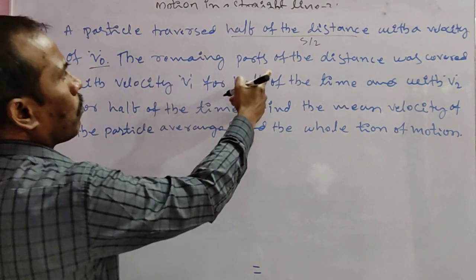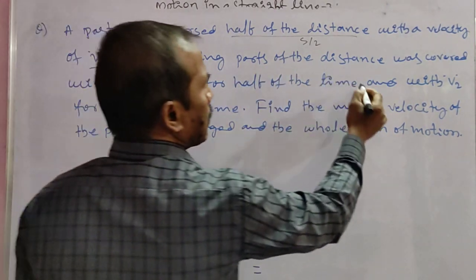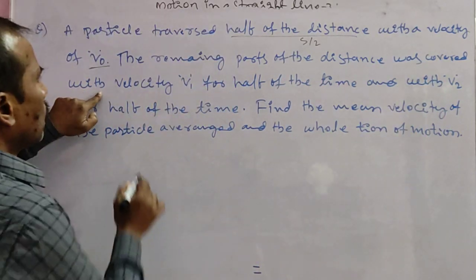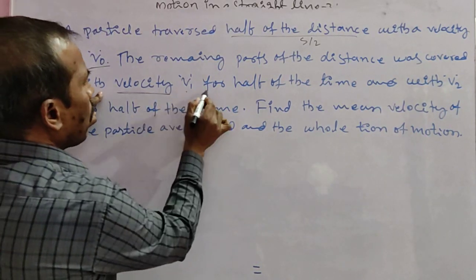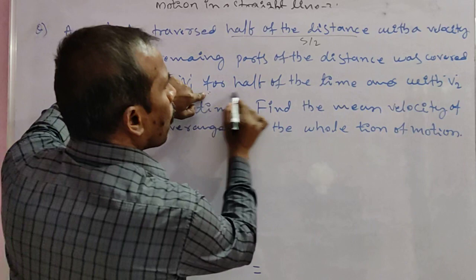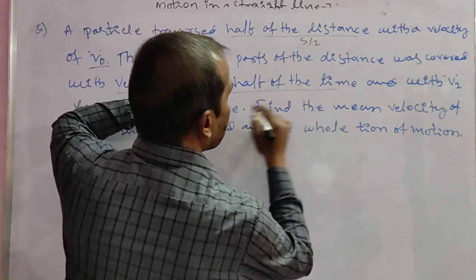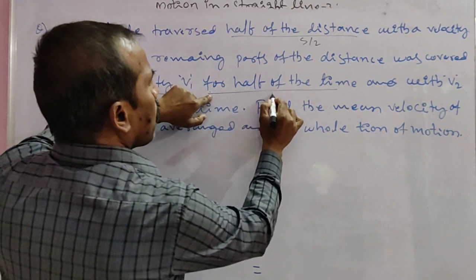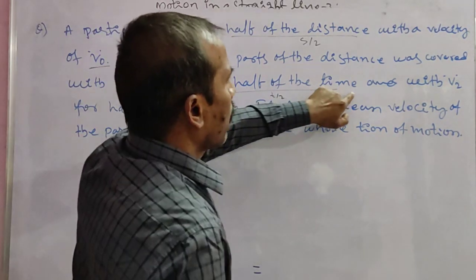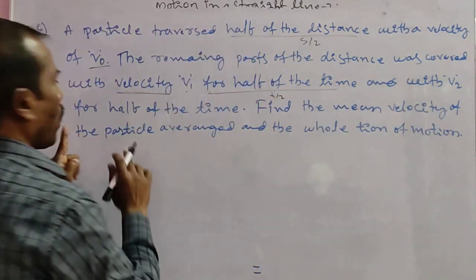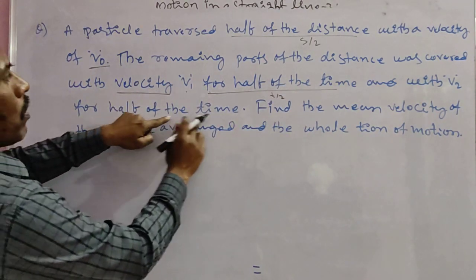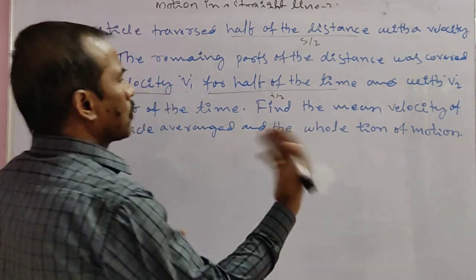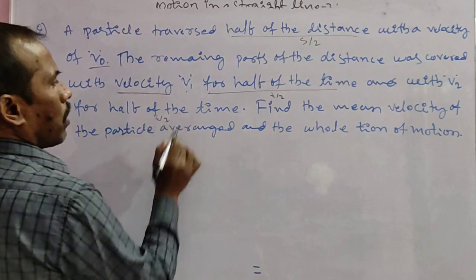The remaining part of the distance was covered with velocity v1 for half of the time, t by 2 for example, and with v2 for the other half of the time.